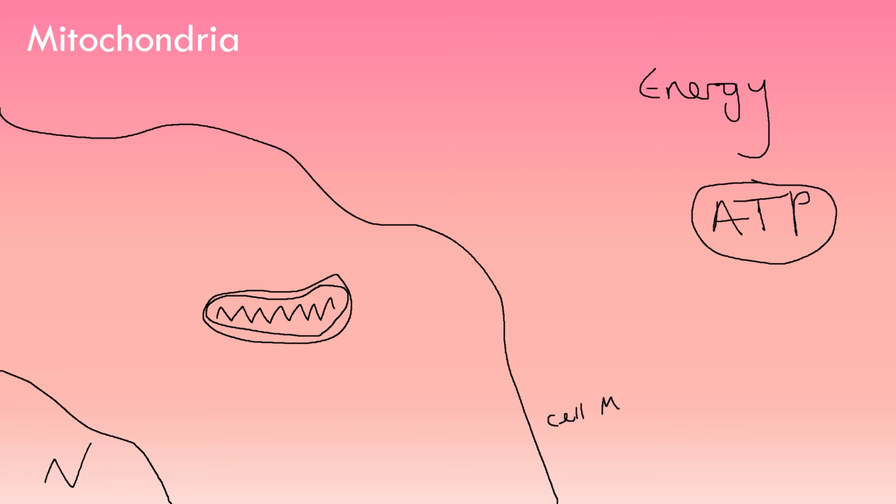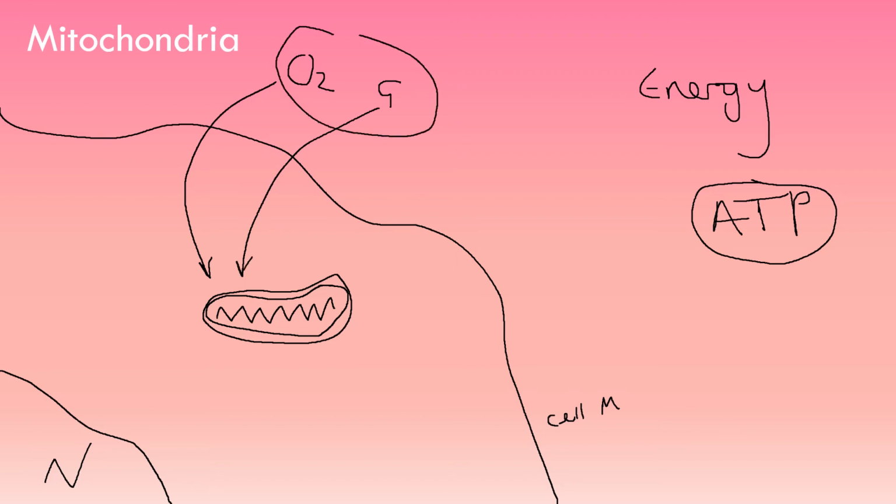They have a phospholipid envelope around them, and when you breathe in oxygen, the oxygen travels to each of the cells around the bloodstream, along with the glucose, to your mitochondria, and we use that oxygen and glucose to turn these things into ATP.